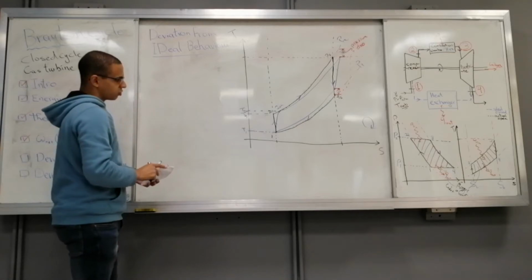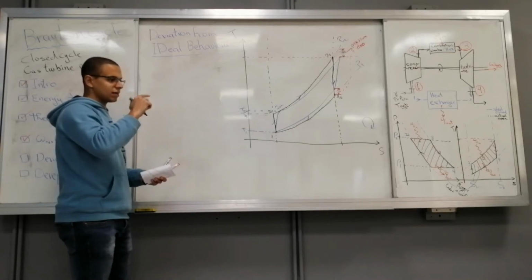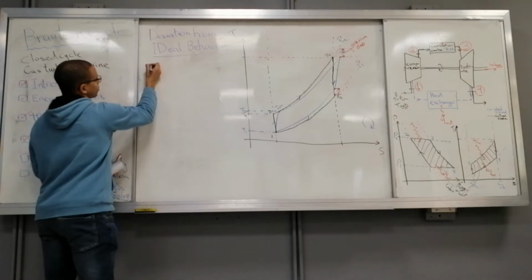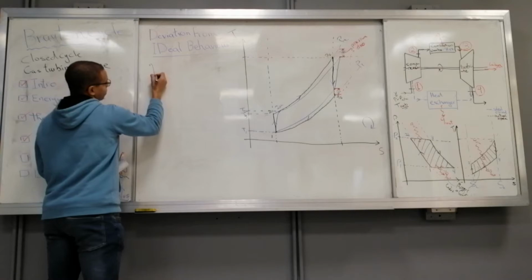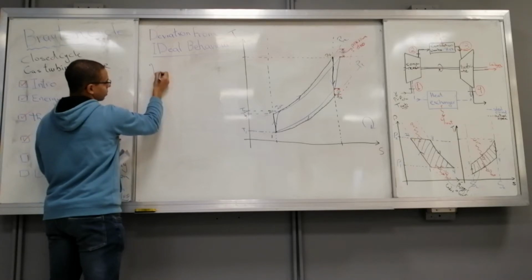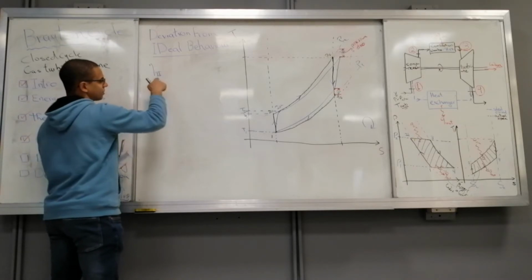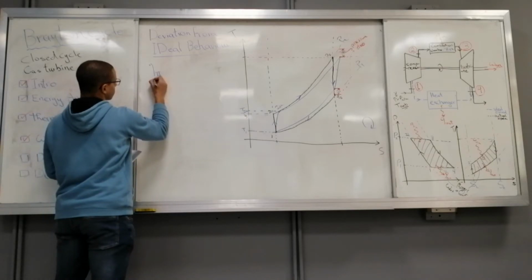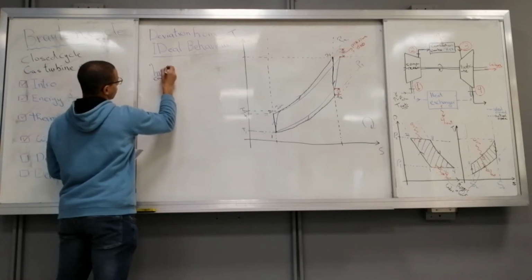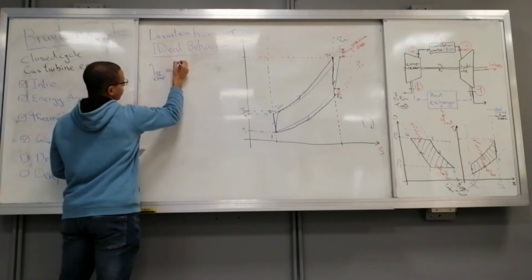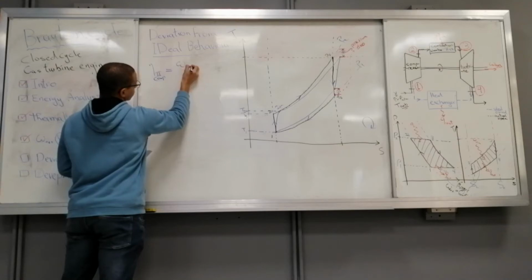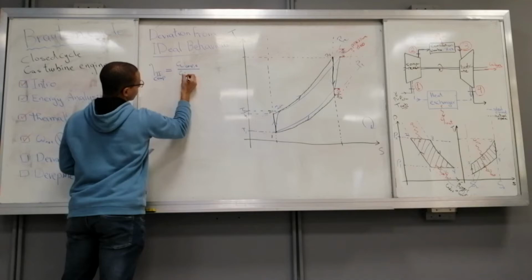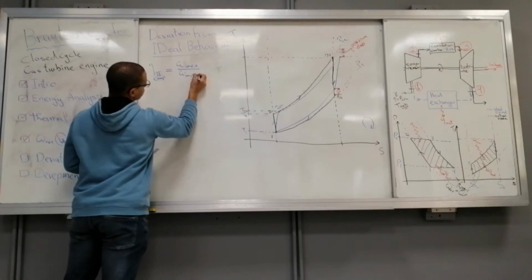The isentropic efficiency of the compressor, as if it's the second law efficiency of the compressor, is equal to the work compressor theoretical over the work compressor actual.